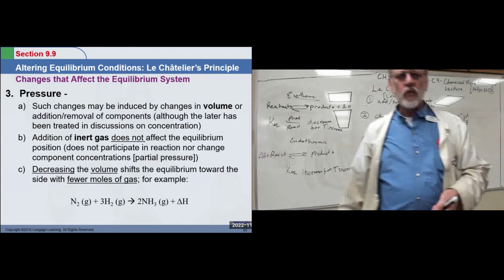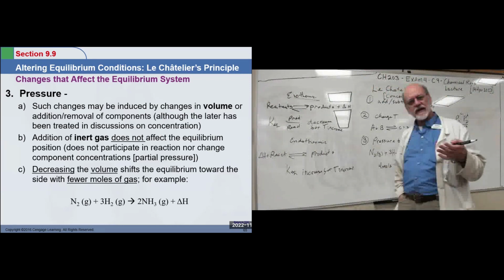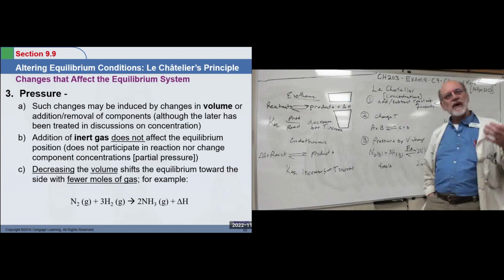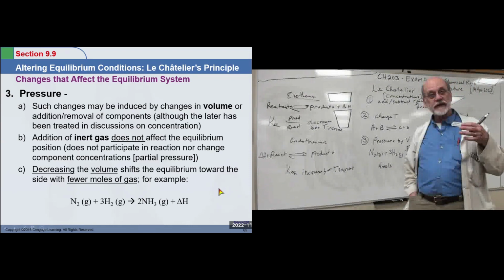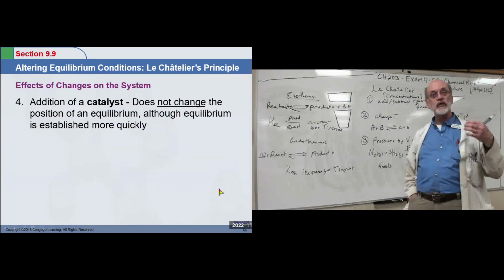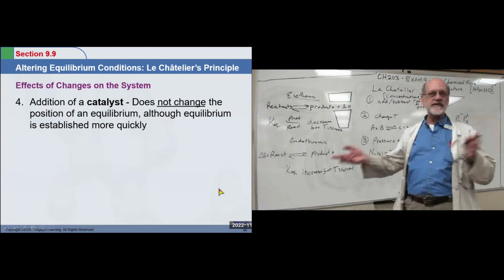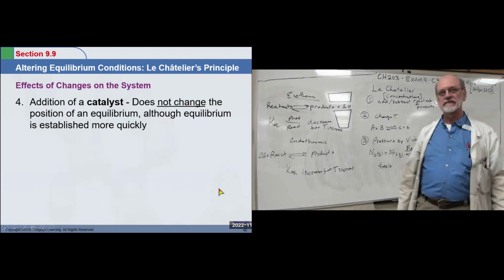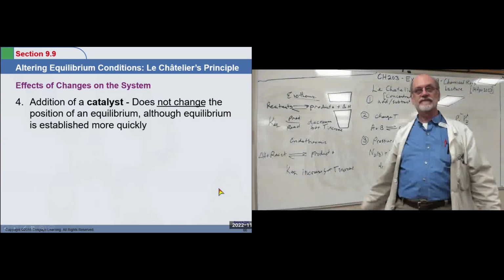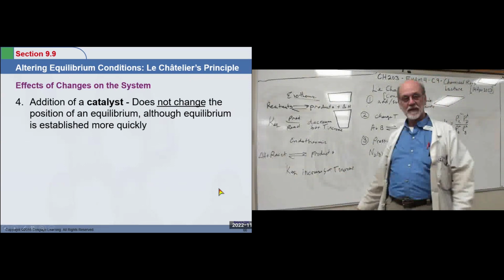Okay, so when you increase the pressure by decreasing the volume, the reaction is going to respond by moving to the side with fewer moles of gas. Now, what if both sides have the same moles of gas? It won't change. No change at all.